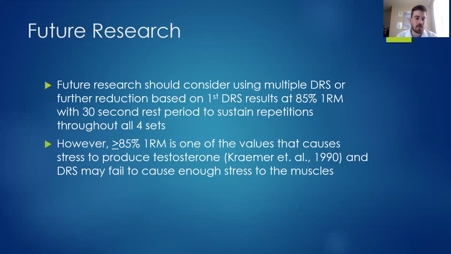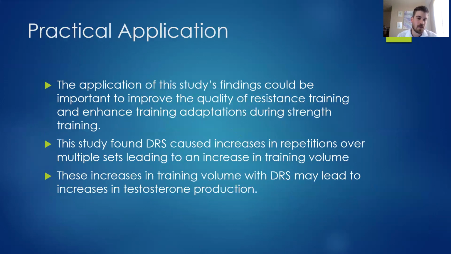So future research should consider using multiple descending resistance sets or further reduction based on the first descending resistance set results at 85% 1RM with 30-second rest period to sustain repetitions through all 4 sets. However, greater than 85% 1RM is one of the values that causes stress to produce testosterone, and descending resistance sets may fail to cause enough stress to these muscles.